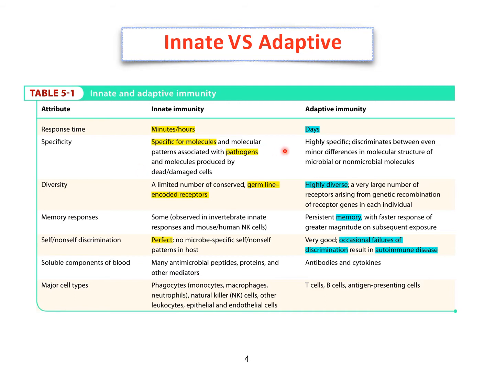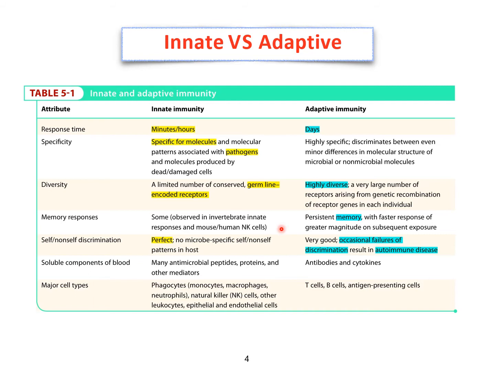Whereas adaptive or acquired immunity is highly specific, it discriminates between even minor differences in molecular structure of microbial or non-microbial molecules. And diversity: a limited number of conserved germline encoded receptors are present in innate immunity, whereas adaptive is highly diverse. A very large number of receptors arising from genetic recombination of receptor genes are present in each individual.